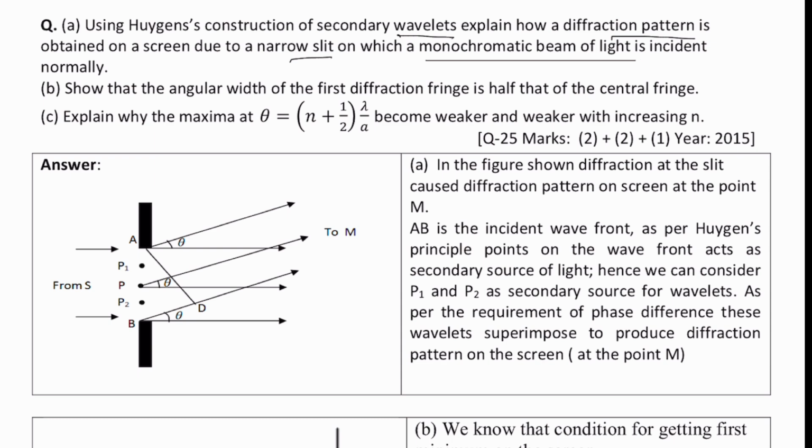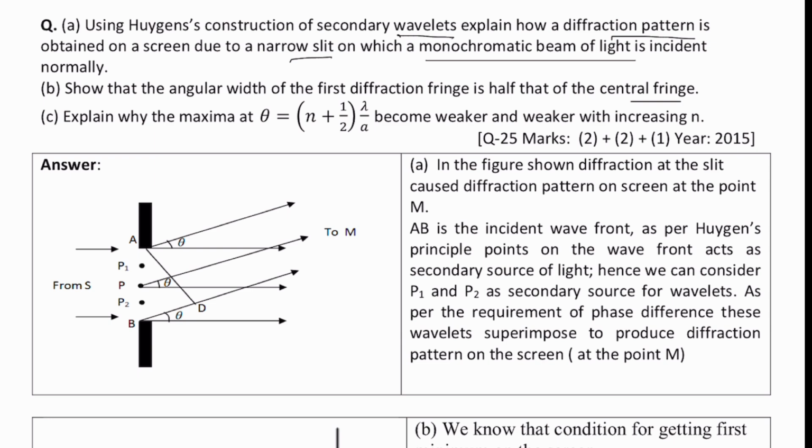Second, show that the angular width of the first diffraction fringe is half that of the central fringe. Third, explain why maxima at theta equal to (n plus half) lambda by a become weaker and weaker with increasing n. As n increases, the maxima become weaker and weaker.